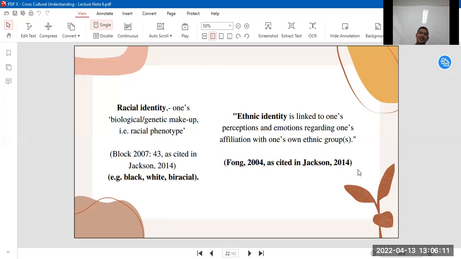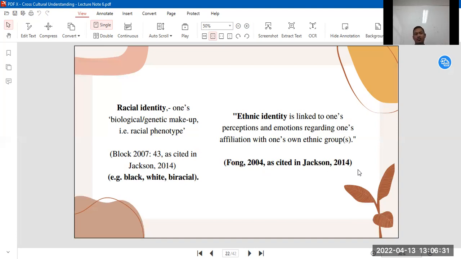These differences may be a source of great pride, but for some minorities, maybe not. Other minorities may choose to blend in with the majority and downplay their ethnicity.